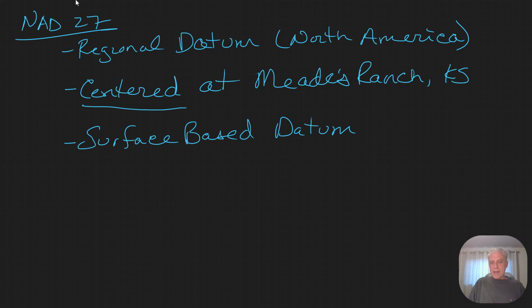A surface-based datum, the reason that is what was used, because if you'll remember, NAD 27 is based on the Clarke 1866 ellipsoid. Well, when that ellipsoid was developed, we didn't have readily available, or maybe even available at all, the computing power, the observational power, the geophysics to determine some sort of point, whether theoretical or empirical, that we can point to as the center of the Earth.